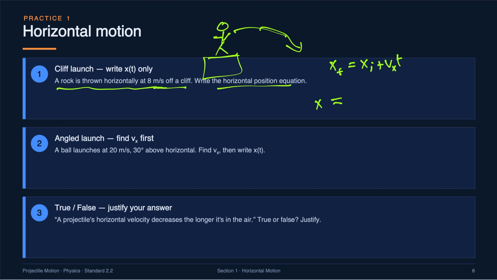I can say that this starts at 0 meters, plus vx, horizontally at 8 meters per second, times t. We don't need t, right? They're just asking us to write the general equation. So x is equal to 8t.